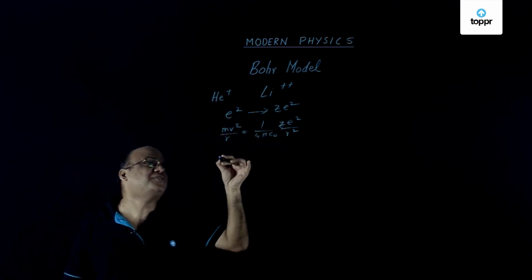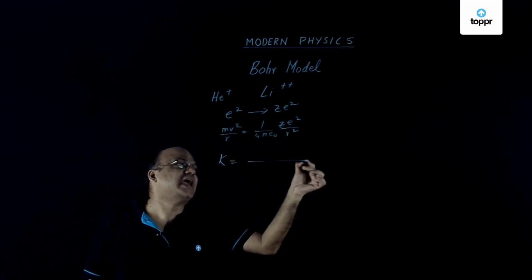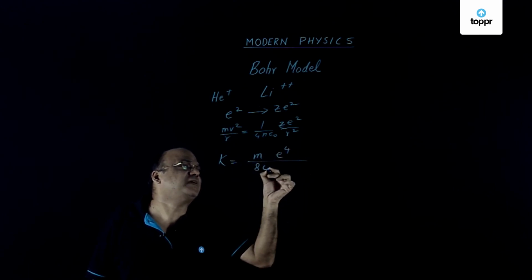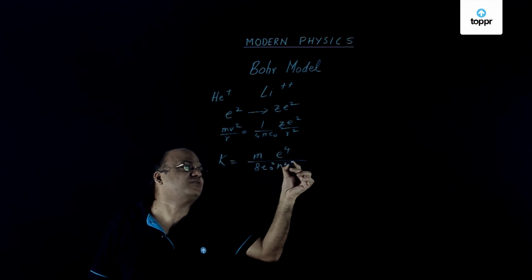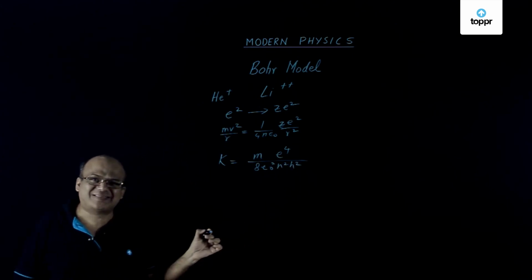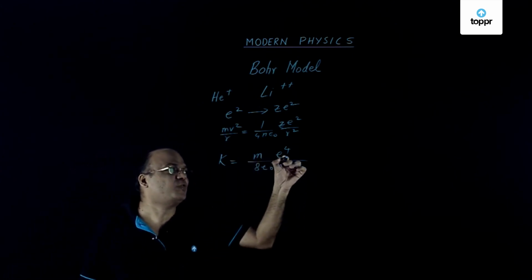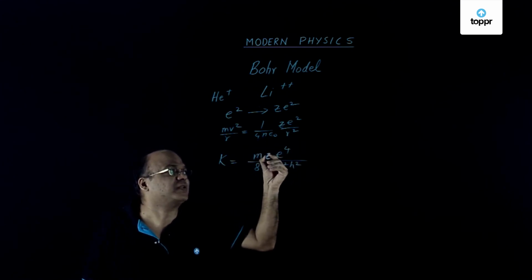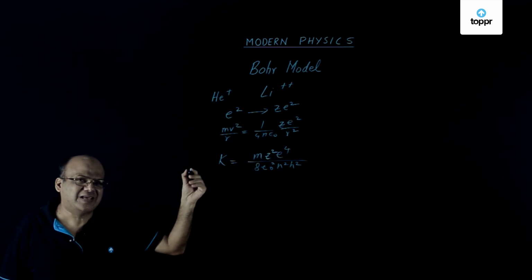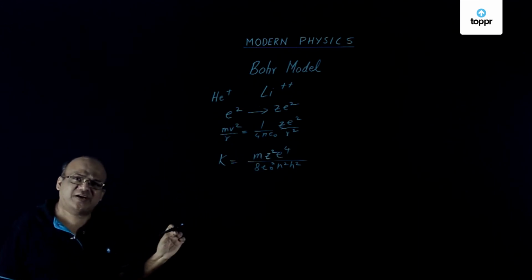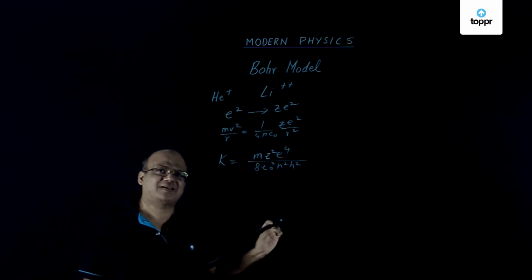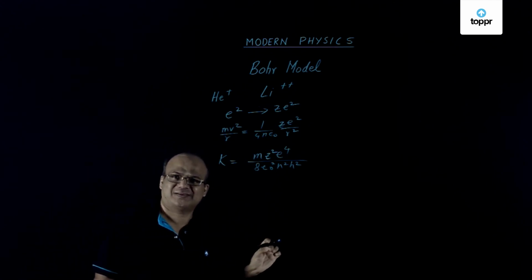For the equation for energy, m e to the power 4 by 8 epsilon naught square n square h square, replace e square by Z e square. So now it's e square whole square, so Z square will come. So this is what needs to be done for hydrogen-like atoms. Replace e square by Z e square.